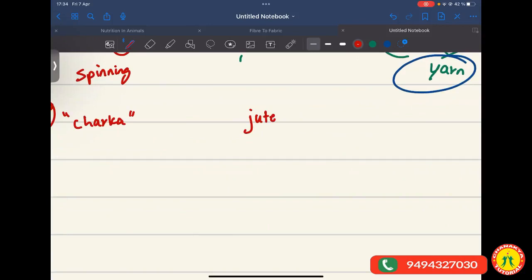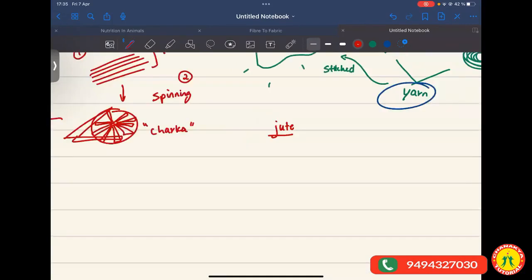Or in certain places, they have shawls made of jute, which is very thick. They're not easy to tear. They are highly woven, thick materials of fibers. So this is also another plant fiber. We're going to see how it is obtained.